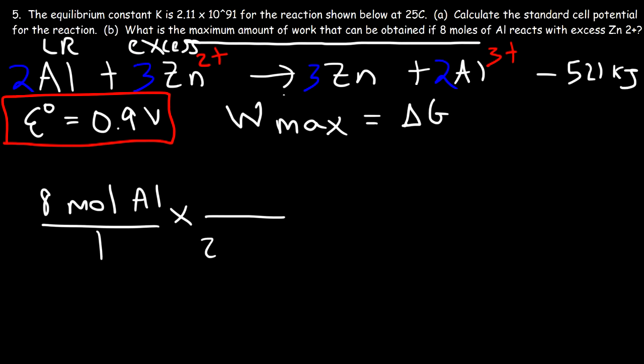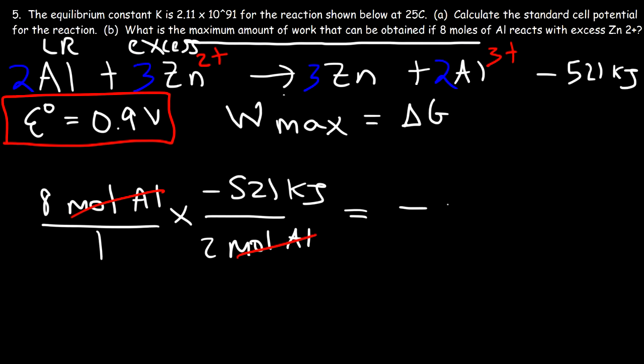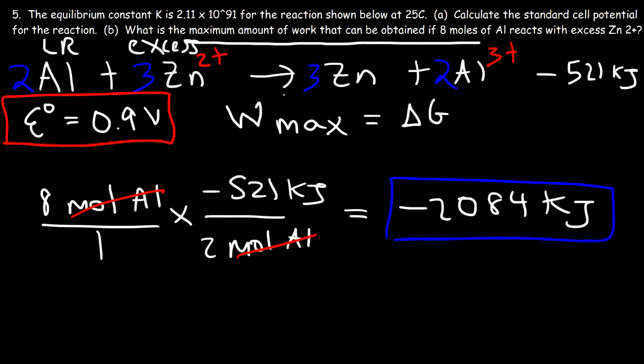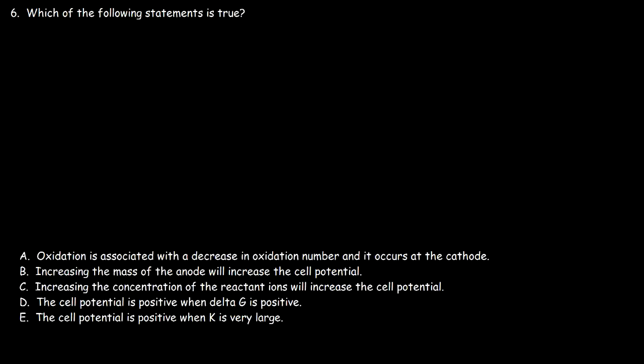Now, for every 2 moles of aluminum that reacts, 521 kilojoules of work can be obtained. So it's going to be 8 divided by 2, which is 4, times negative 521. And so the maximum work is negative 2084 kilojoules. And so that's delta G if 8 moles of aluminum reacts.